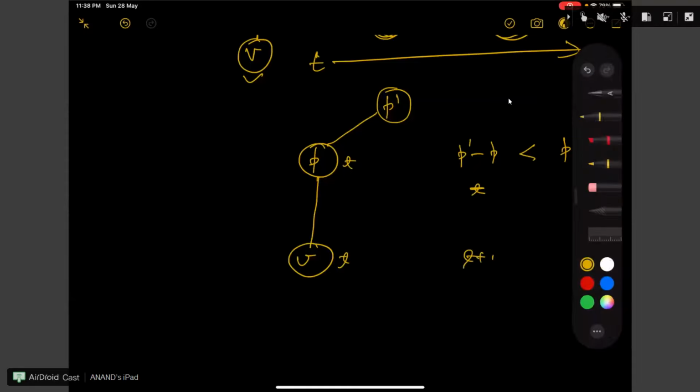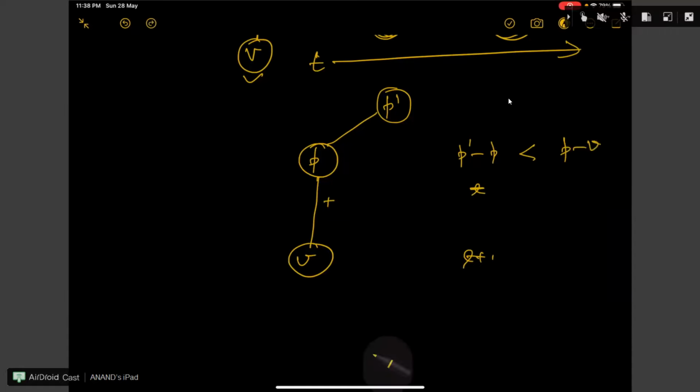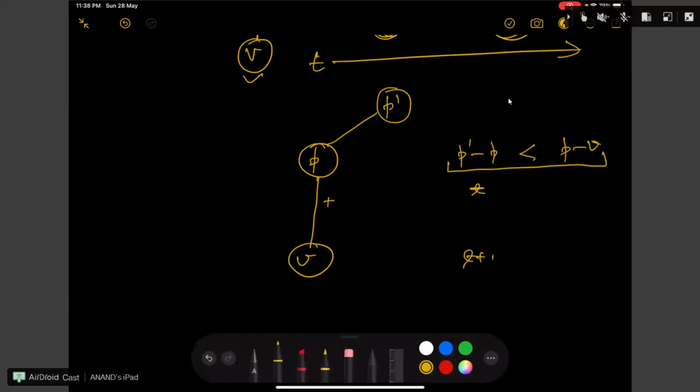So for denoting this, let's give a weight to this edge. Let's call this plus 0 if this condition holds. If this condition holds, they will be drawn at the same time, so we give this edge a weight of 0. If this condition does not hold, then we give this edge a weight of plus 1.